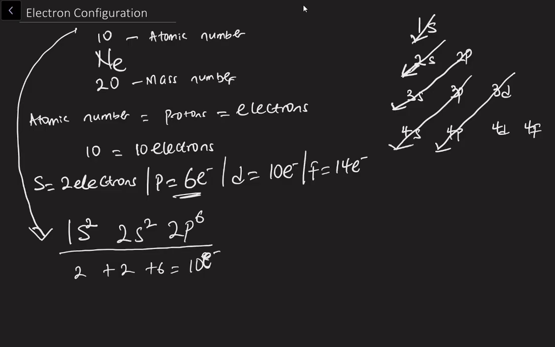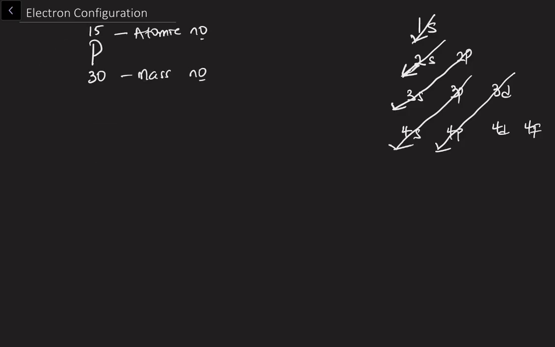All right, let's take a different example. Okay, so let's write the electron configuration for phosphorus. It has atomic number 15 and mass number 30. So that means we're trying to write the electron configuration with 15 electrons.